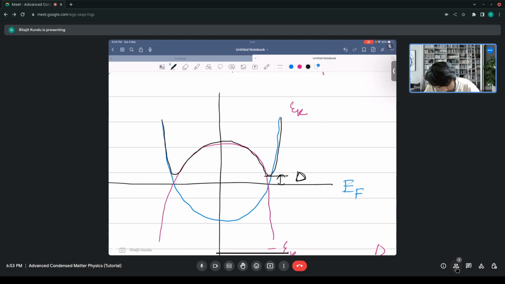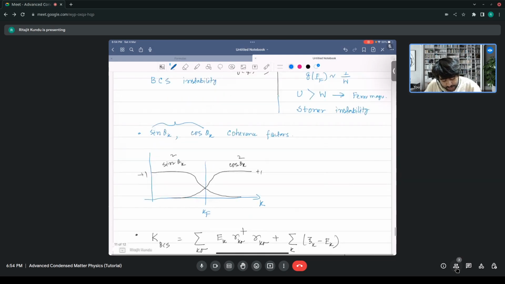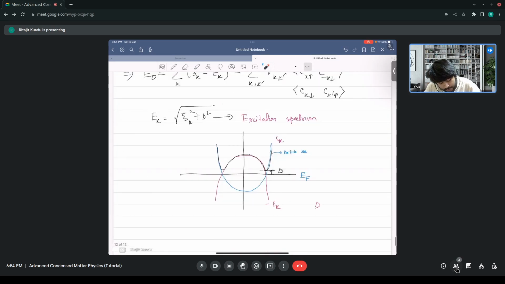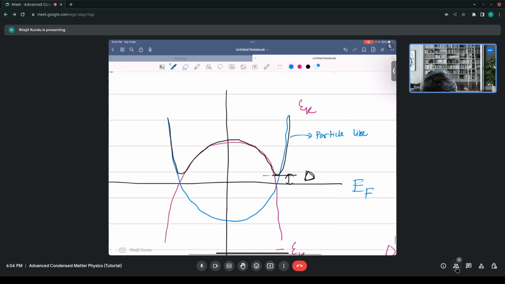So you see that away from this gap, this becomes particle like, because again from the coherence factor you see that this is just a constant. This was a signature of a normal particle. So away from the Fermi energy, it becomes a particle-like excitation.